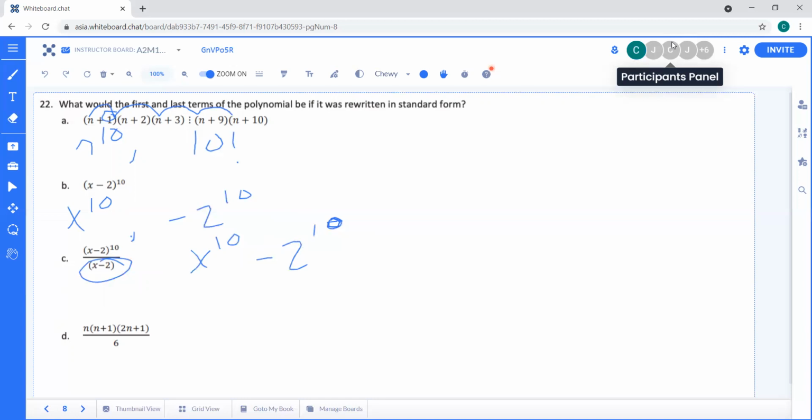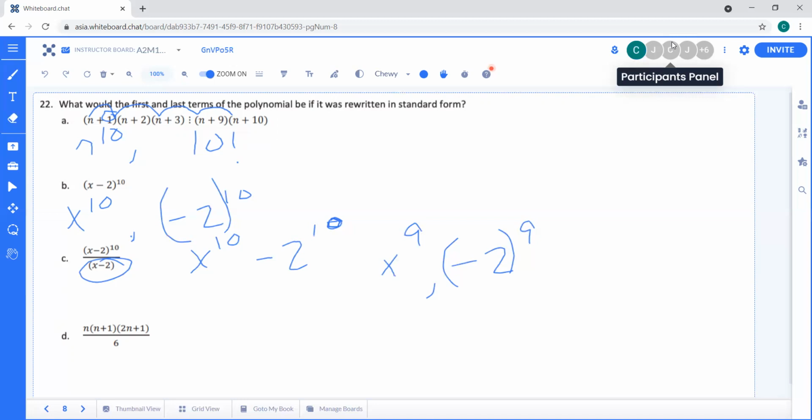And I told y'all this means negating the exponent. So this is actually x to the negative 1 when we divide that. So that's going to be x to the 9 and negative 2 to the 9. When you would do that, well, it wouldn't matter since the exponent is negative here. Up here, this would matter. So you want to make sure you know where your negative is going.